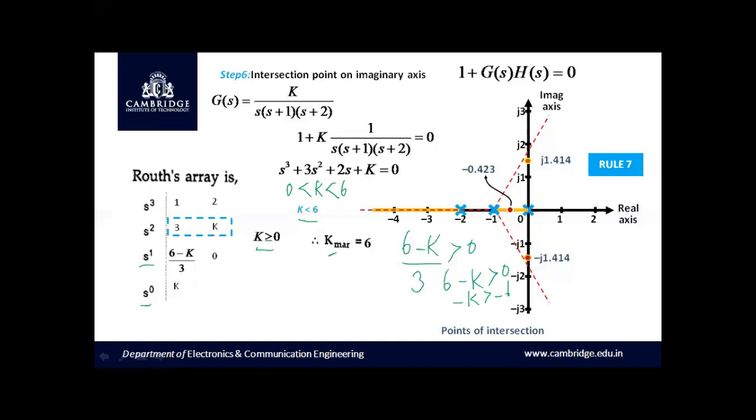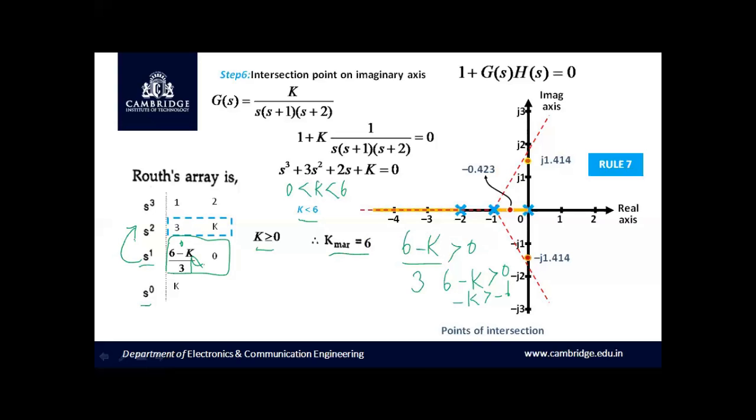If I substitute K margin equal to 6 in this expression, the first element will be 6 minus 6 divided by 3, that is 0. Hence this row becomes a complete 0 row, and it leads to special case 2 in the RH criterion. If it is a complete 0 row, we have to take the previous row and represent it as an auxiliary polynomial.